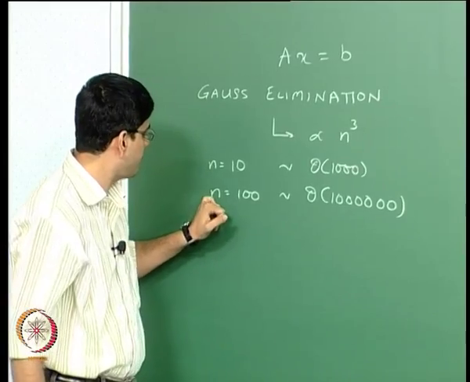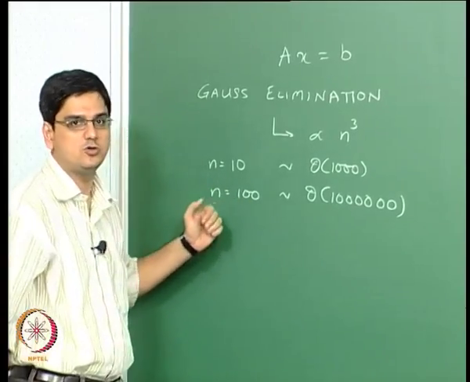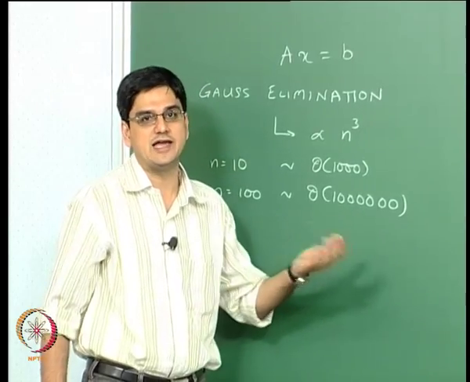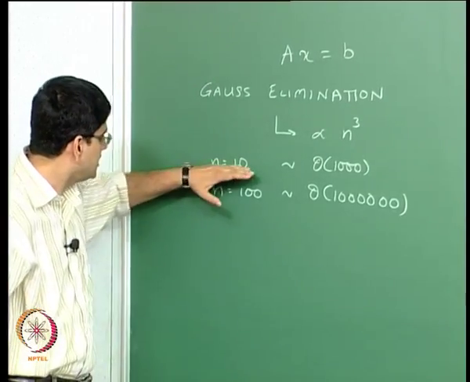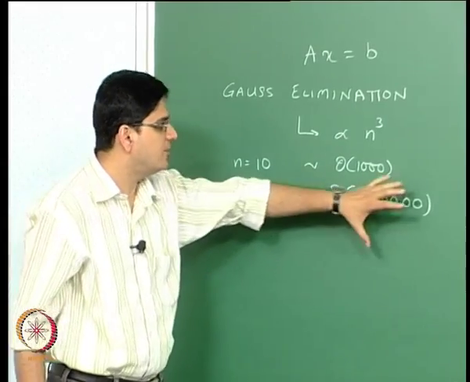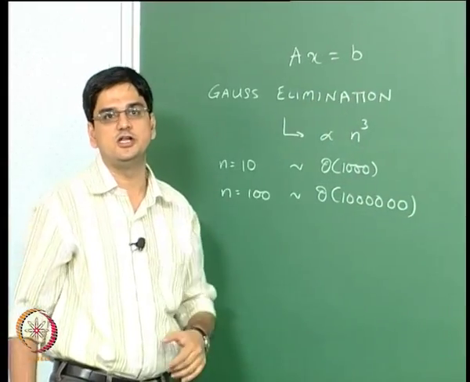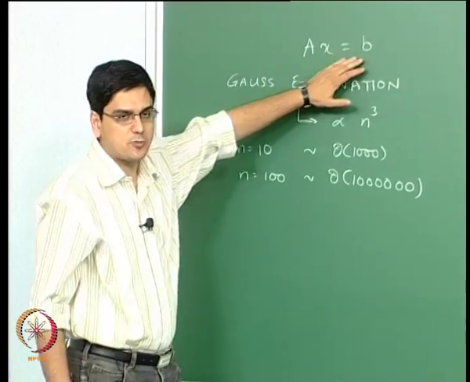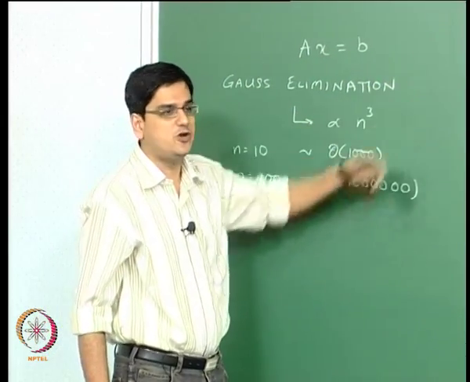Now, from n equal to 100, if we go to n equal to 1000, the amount of computation required is going to be 10 to the power 9. So, as we increase the number of equations that we are solving, the amount of effort required in Gauss elimination increases very rapidly.